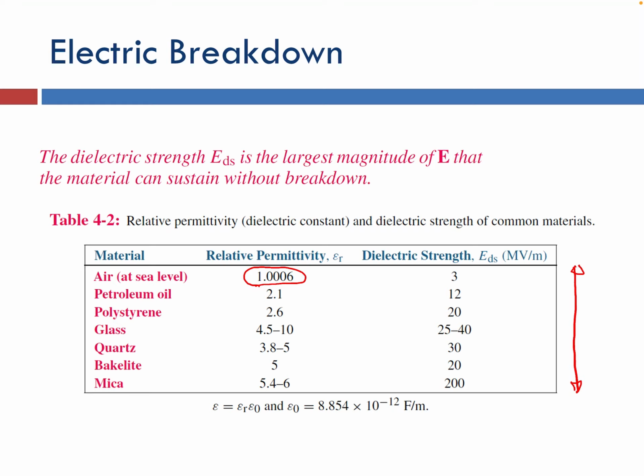So you can see here the breakdown fields are on the order of 1 to 100 megavolt per meter. And the general trend is that the higher the permittivity, the higher the breakdown field is.